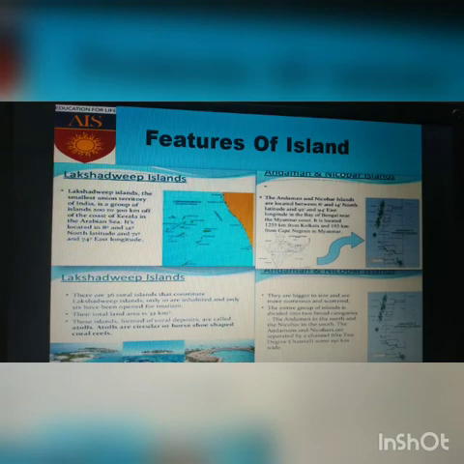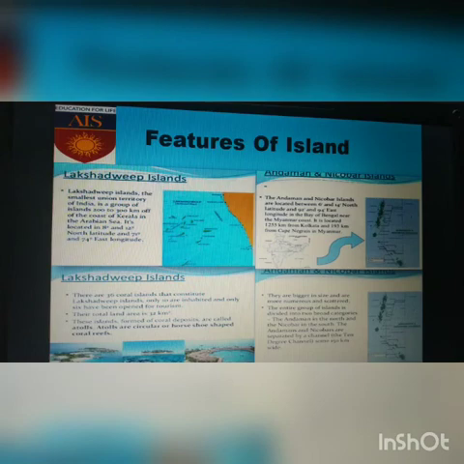There are 36 coral islands that constitute the Lakshadweep Islands. Only 2 are inhabited and only 6 have been opened for tourism. The total land area is 32 km square.